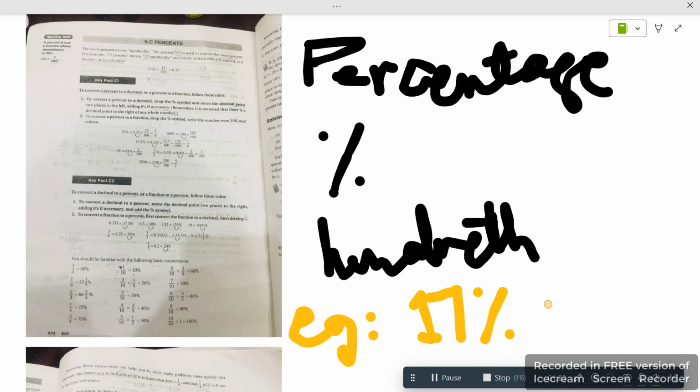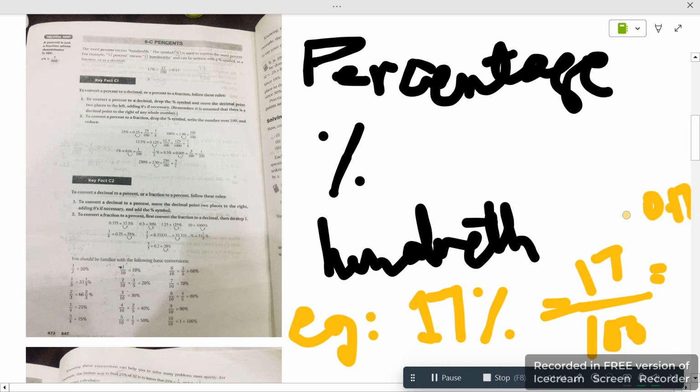Then how will we solve this? You are supposed to divide 17 by 100 so that you get the answer. When you divide these you will get 0.17. Okay, this is very important because this is the basic.